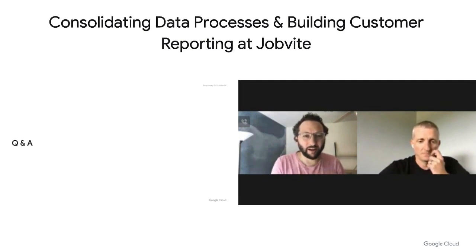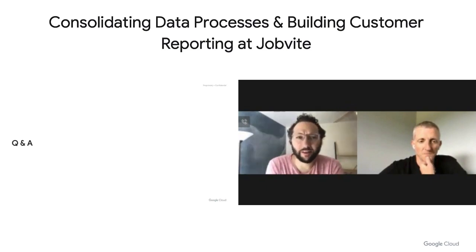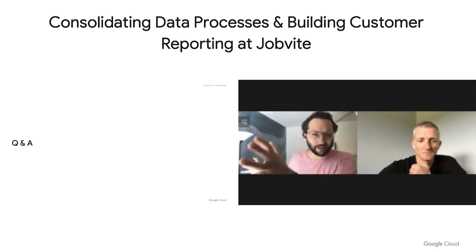But before I hand the virtual mic over to the audience, I just want to ask, one thing that I find really interesting about Jobvite's story is specifically around the integration of 4 different companies, right? I feel like I very often see the opposite of the slide you showed, where you have one front end and then just chaos behind the scenes.